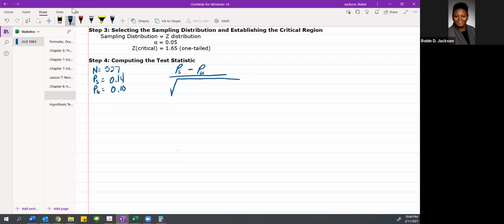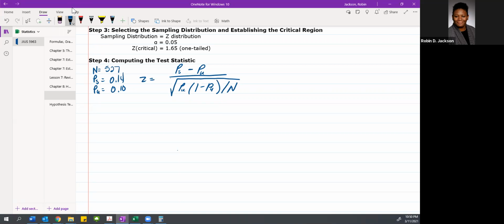And that's going to be the population proportion, okay? 1 minus the population proportion again. So that number that comes out of this multiplied by the population proportion, and all of that then gets divided by N.